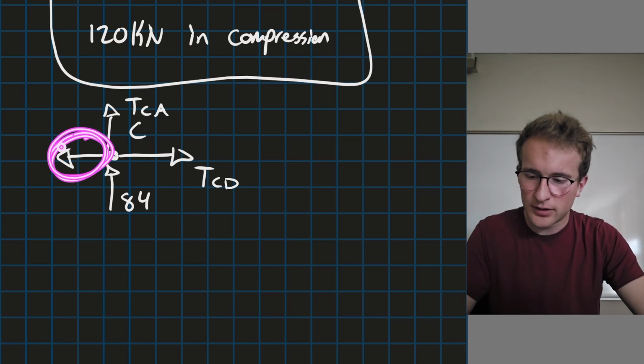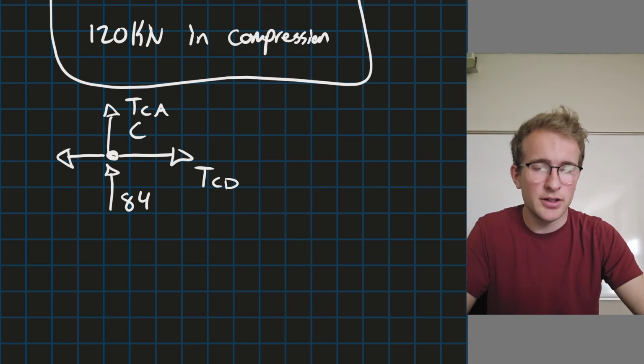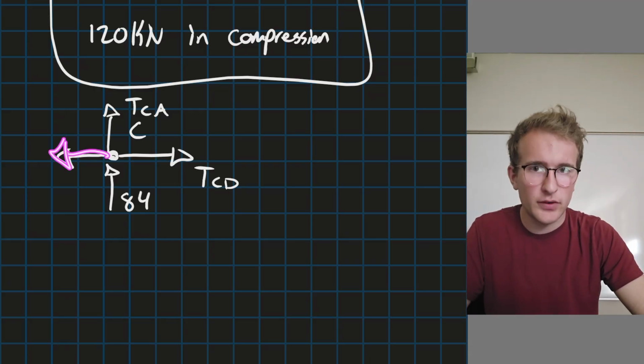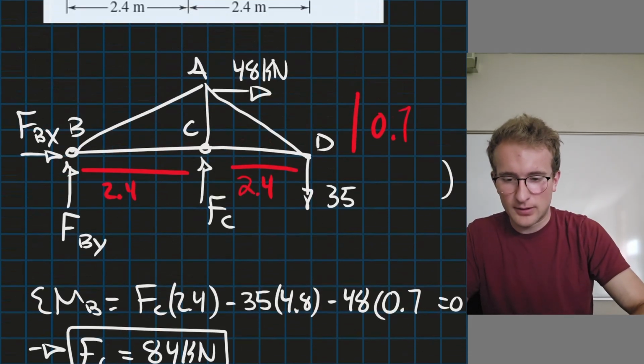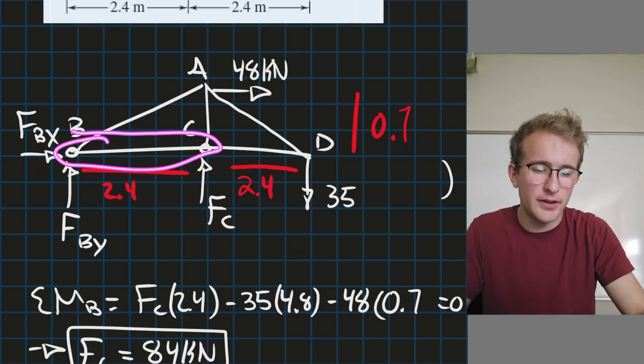Now this tension here, again, draw it as if it is in tension. Okay? So I drew it as if it was in tension, acting at point C. What member causes this tension? Well, it's this one here. I called it member BC.